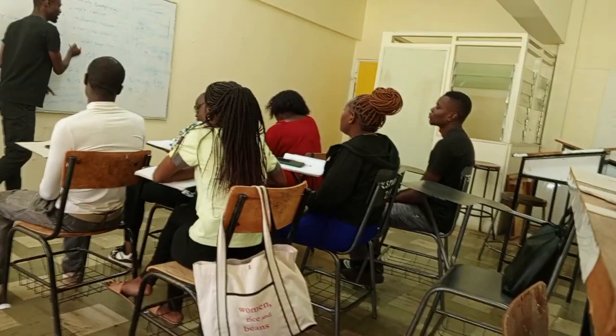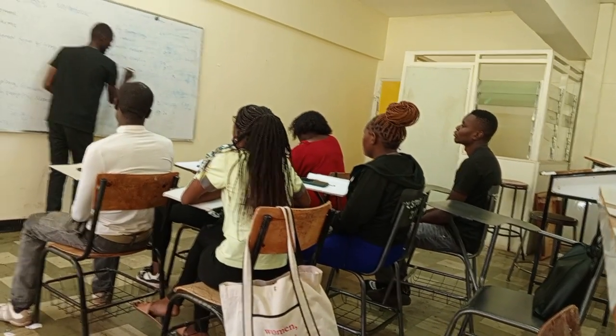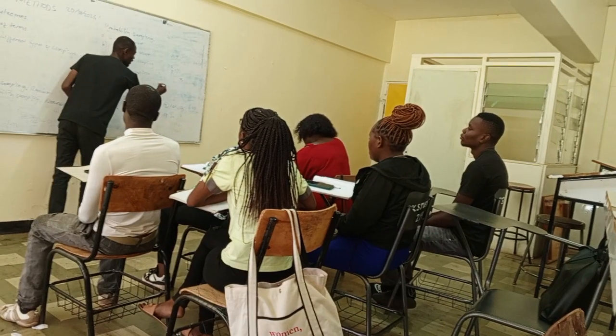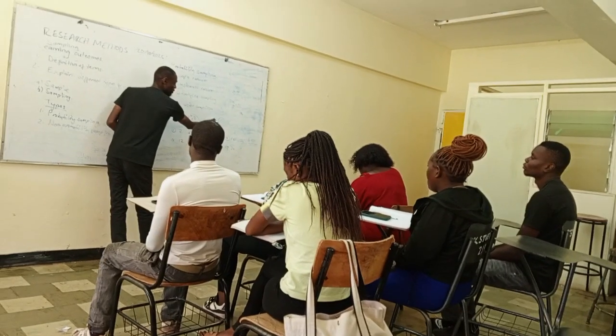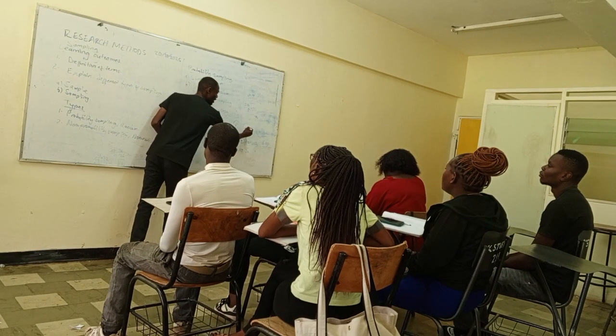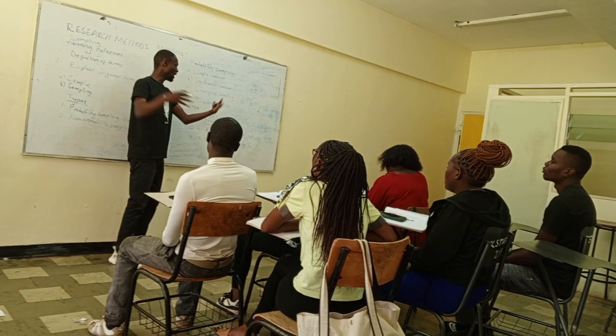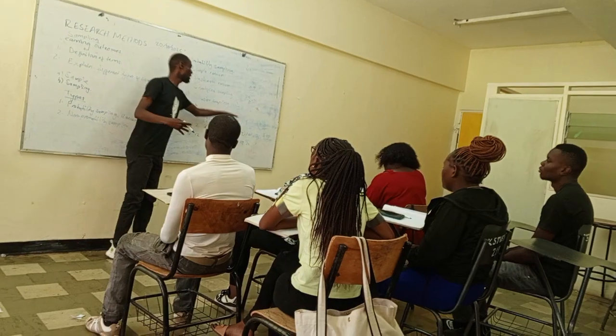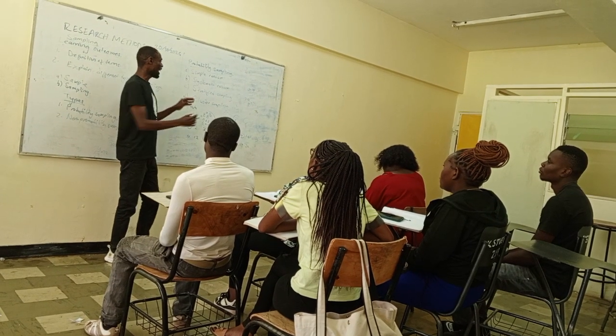When we're talking about cluster, it is like stratified, because we have different groups. Assuming we have people with disability in one group, youths in one group, and older people in one group, they are like strata. But now you pick a whole group.